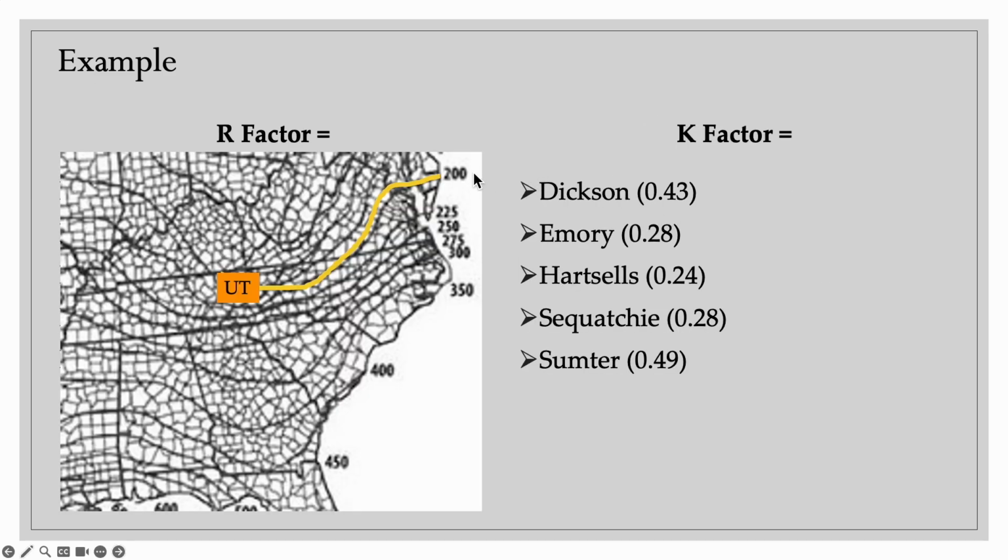So we will go to our R factor, and we are at about 200. This is Knoxville, Tennessee, and its R factor is 200. We are on an Emory silt loam, so our K factor is going to be 0.28.